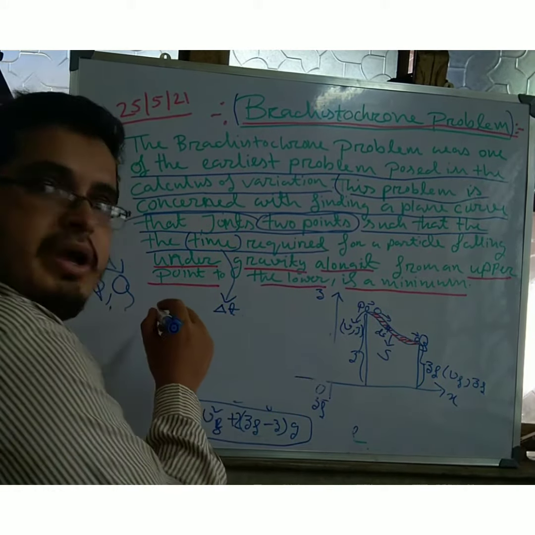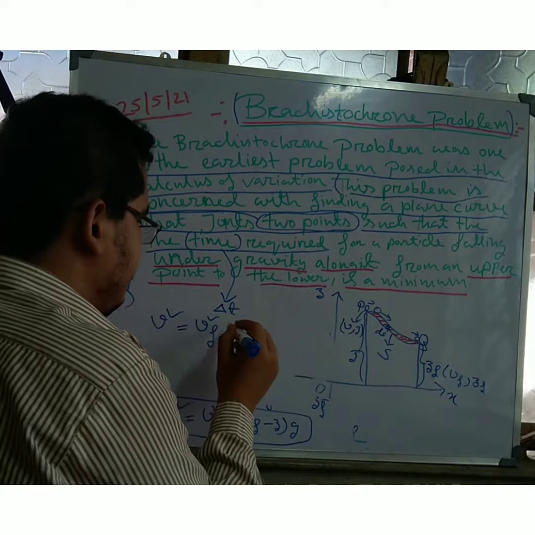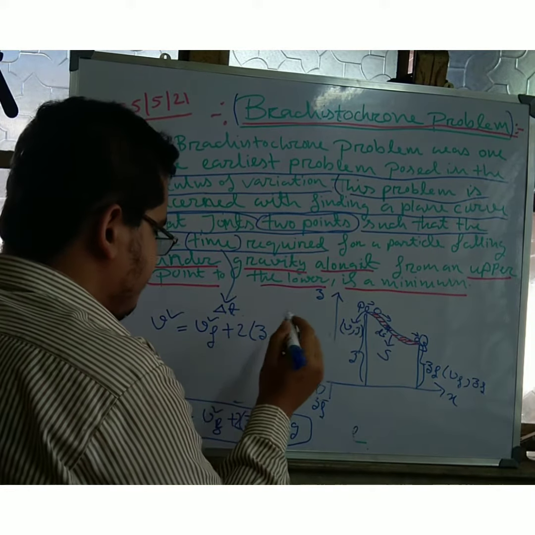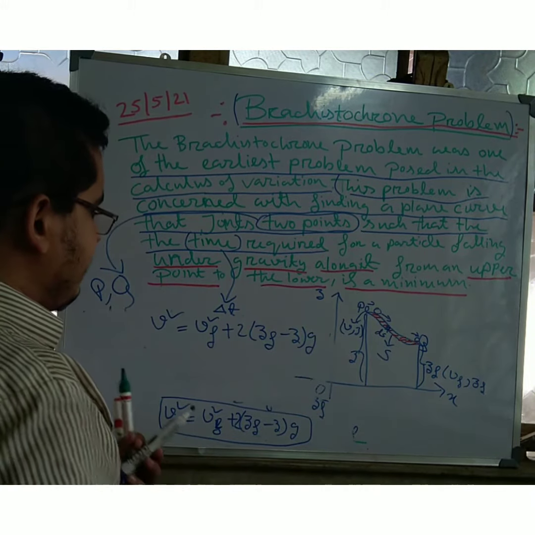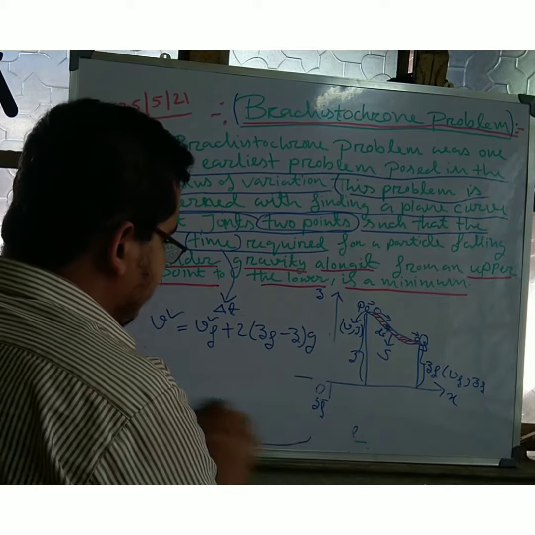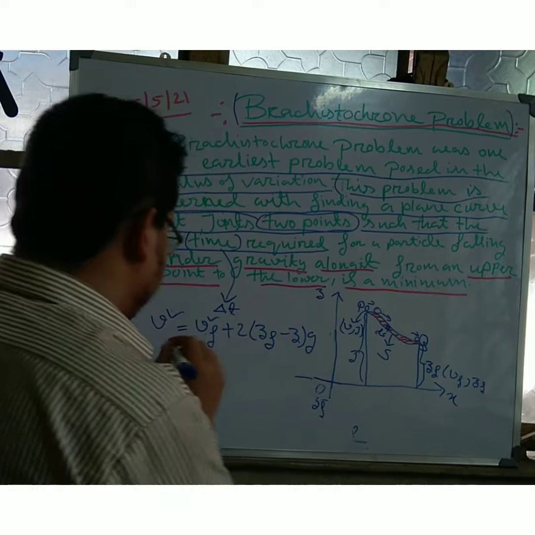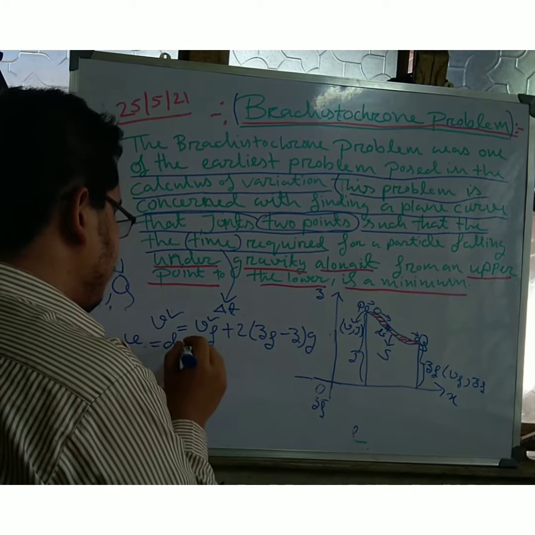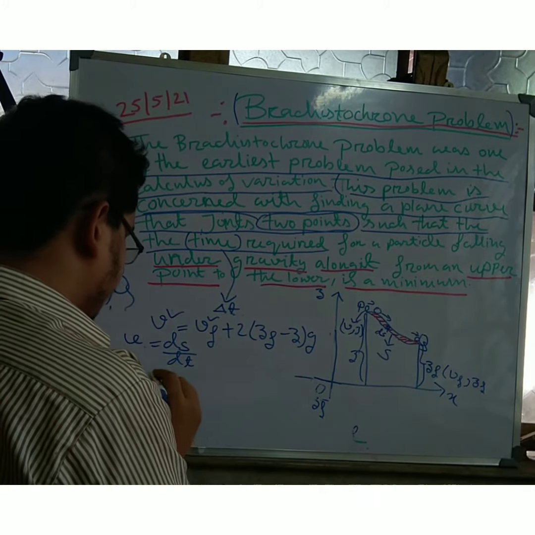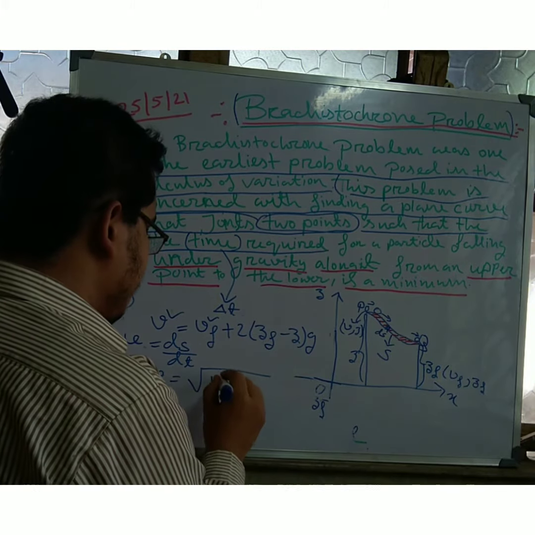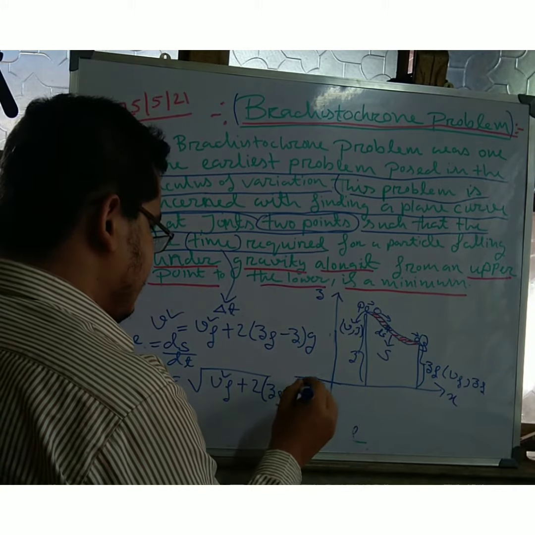So friends, v square is equal to v square F plus 2 into g into ZF minus Z. After that, friends, we know that v is equal to ds by dt, well known. So friends, v is equal to the root of v square F plus 2 g into ZF minus Z.